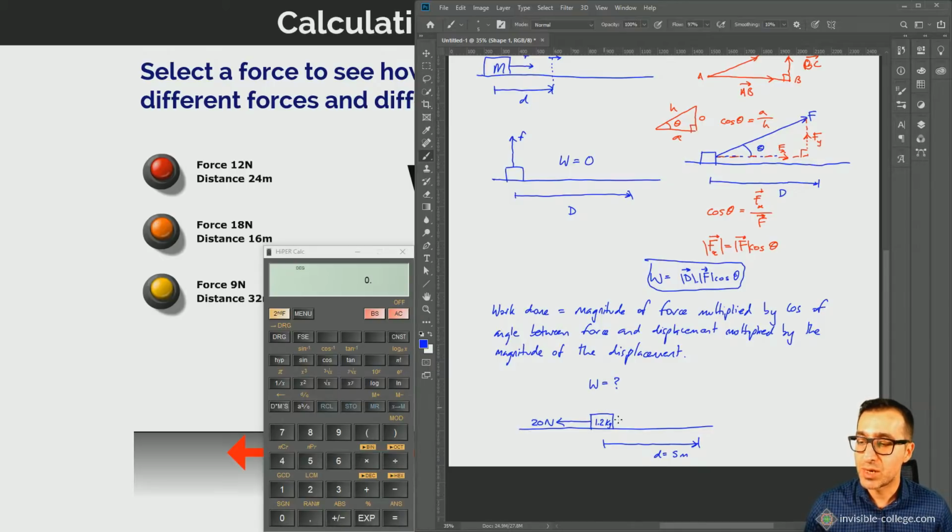So let's have a look at this situation here. Remember, the work done is equal to the magnitude of the force multiplied by the cosine of the angle between the force and the displacement multiplied by the magnitude of the displacement. So in this case, let's think about this.